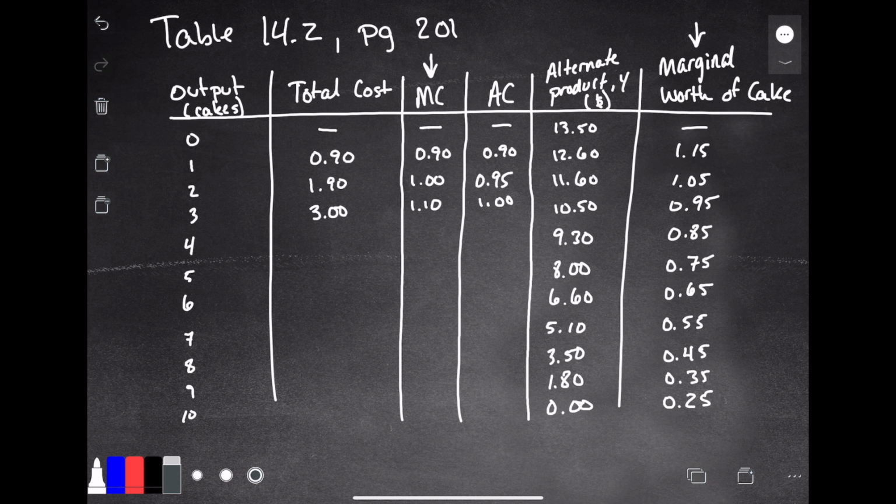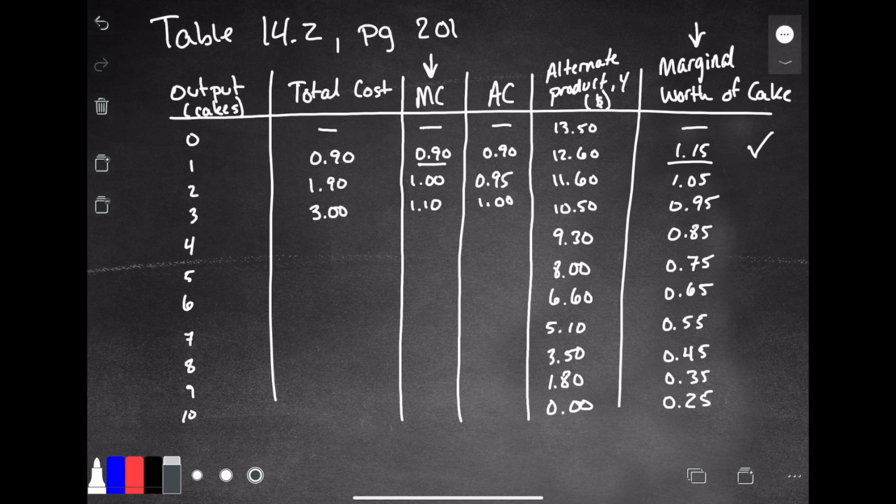Now, like in everything else in economics, we want to equilibrate these, or at least get them as close as we can without the marginal cost exceeding the marginal worth. And so let's look at the first cake. The first cake has a marginal cost of 90 cents. It has a marginal personal worth of $1.15. And so Adam will definitely make the first cake.